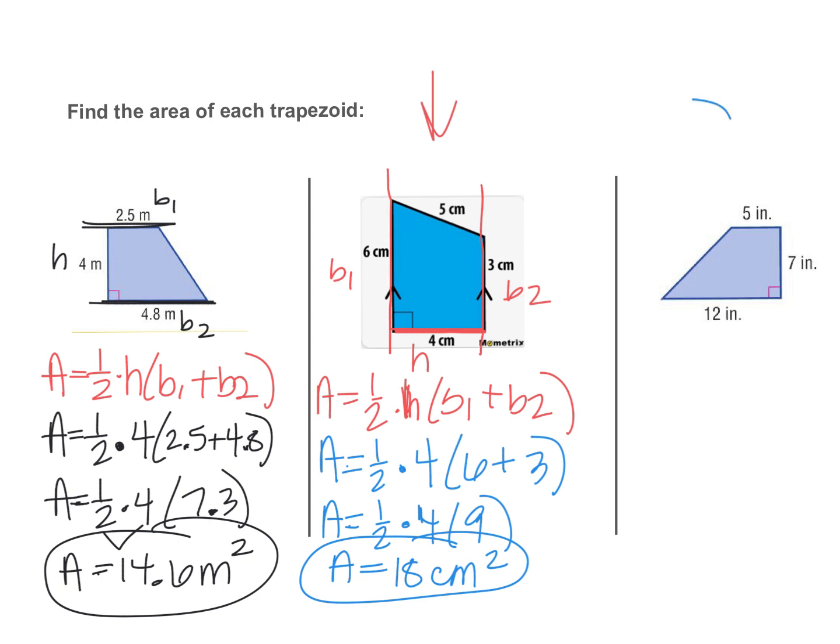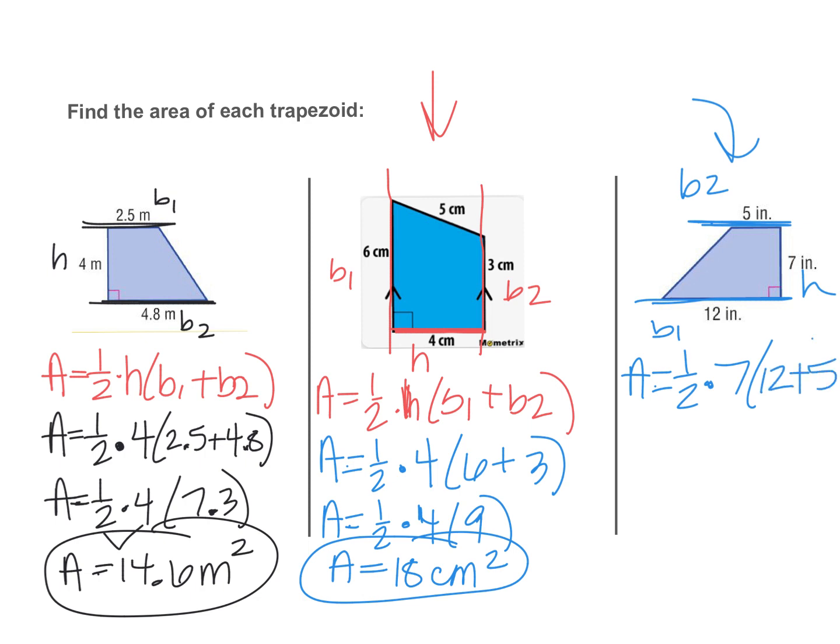Okay, and then let's look at our last one quick. Here's my set of bases, because it's parallel. So we have B1, B2, and then here's my height. Area is 1/2 times 7. And then in parentheses would be 12 plus 5. So we do 1/2 times 7.